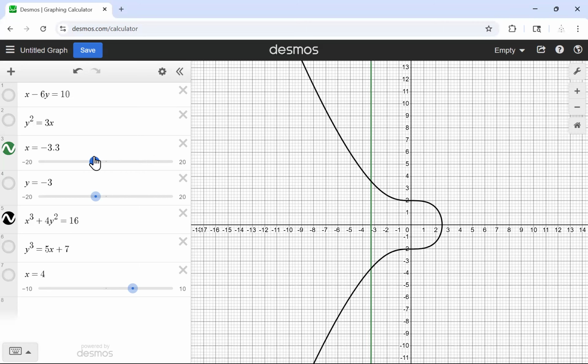But as we get into any of these negative values, we're crossing over at multiple places. So x to the third plus 4y squared equals 16 is not a function.